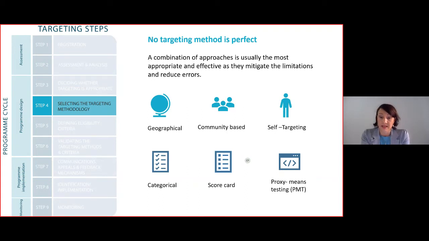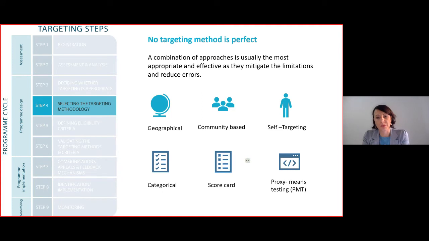The proxy means test is when, through an assessment, you try to extrapolate, using a statistical model, specific outcome indicators for the entire population. Also with this one you will have a ranking of your population based not only on data that you have collected, but also on the statistical model that you have implemented, and then based on a threshold you define your population in need.